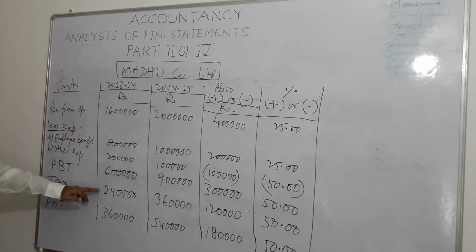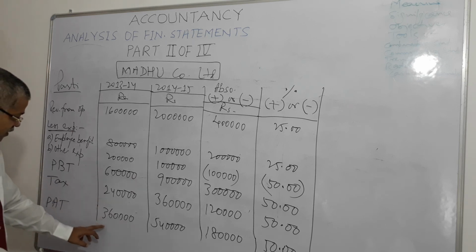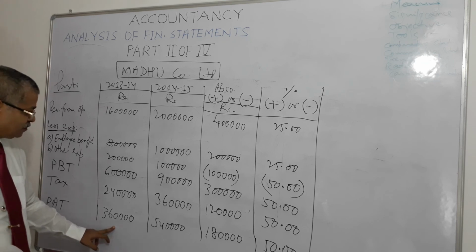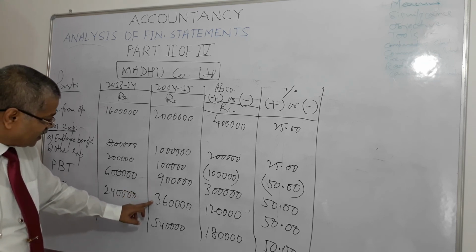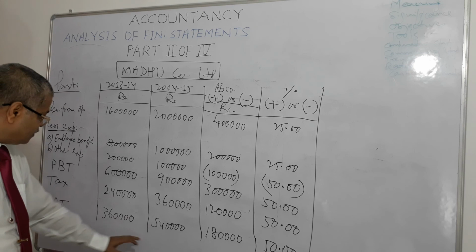Then when we deduct taxes from PBT, we get PAT, profit after tax or net profit. 6 lakhs minus 240,000, 360,000. 9 lakhs minus 3,60,000, 5,40,000.